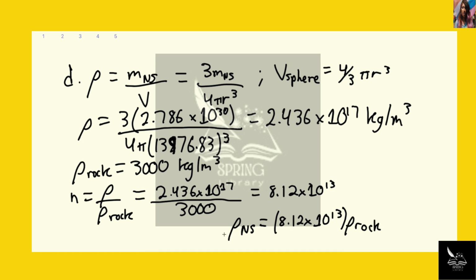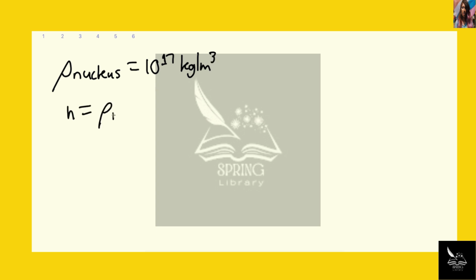And then we're trying to find the density of the neutron star with respect to the density of the nucleus. So here, density of the nucleus would be 10 to the 17th kilograms per meter cubed. N will be rho of the neutron star divided by rho of the nucleus.